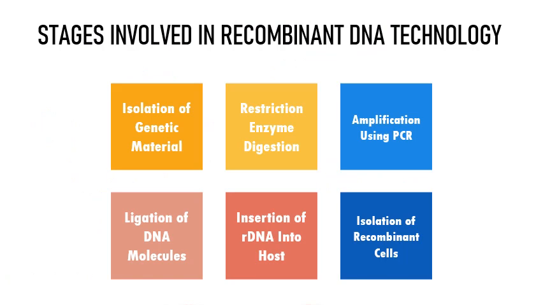So this is how recombinant DNA technology processes can be summarized. At the end of the isolation, by the use of bioreactors, we can grow them, go through the downstream processing, and get the product of our interest.